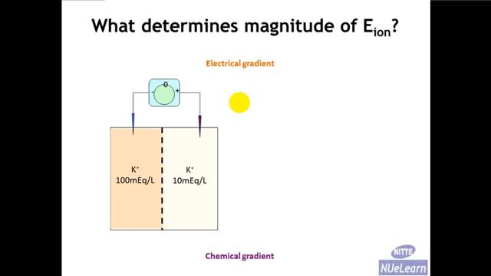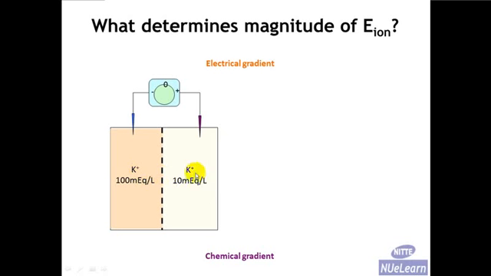Now, to understand this in a very simple way, look at this scenario, which is very similar to what we described earlier, but I'm just now putting numbers onto it. So on the left hand side, you have a 100 milliequivalent per liter solution of potassium chloride, and on the right hand side we have a 10 milliequivalent per liter solution of potassium chloride.